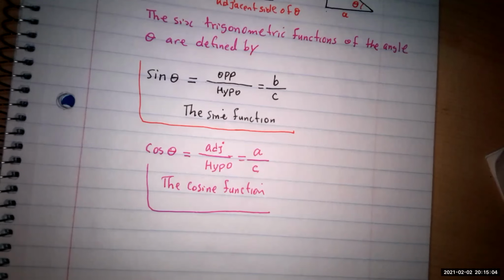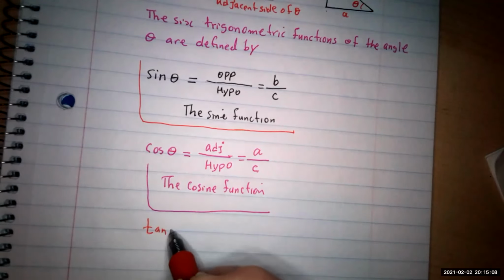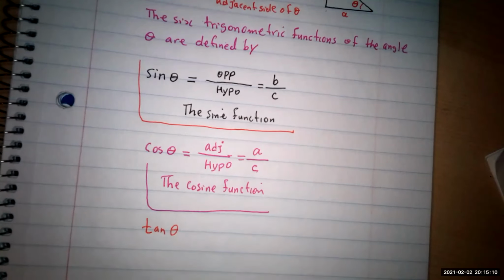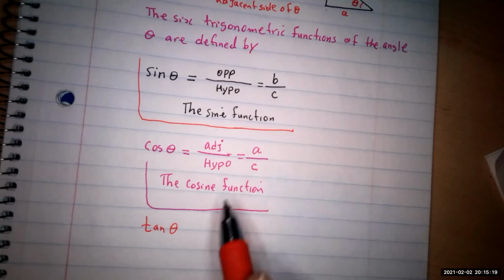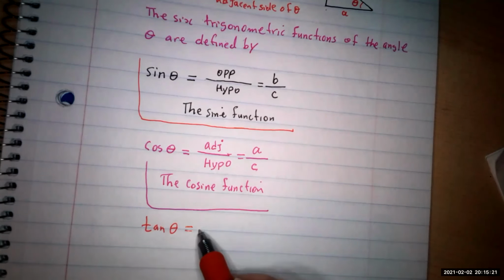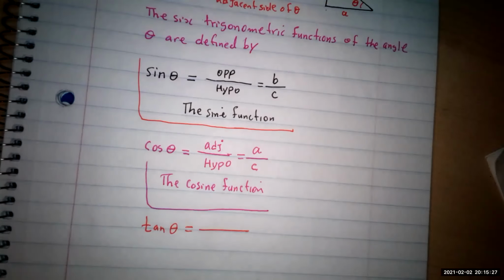Next, the tangent function. Tan, T-A-N. Tangent. The tangent function is going to be opposite over the adjacent. No hypotenuse, okay?